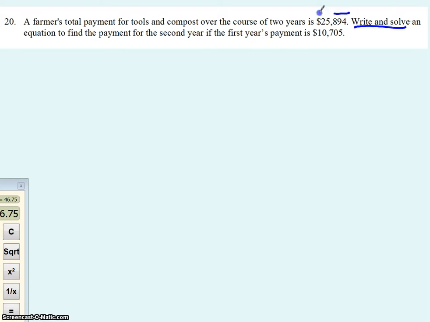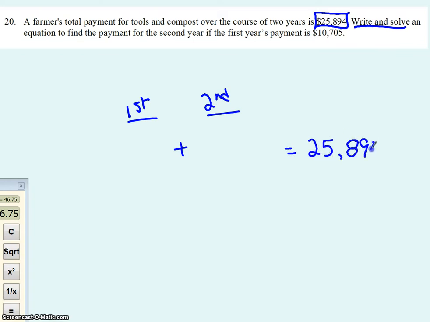If this is the total of 2 years, we get the first year, second year. When I add those together, I'm supposed to get $25,894. Okay, so the first year's payment was $10,705 plus something here to get the total.